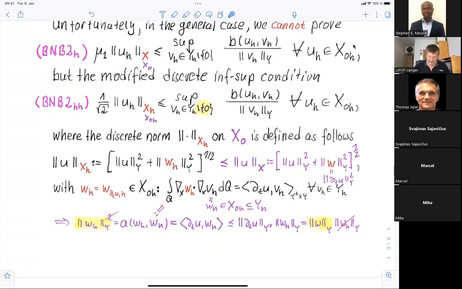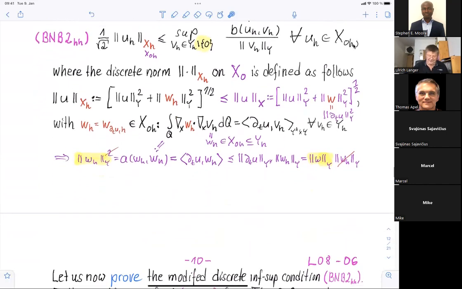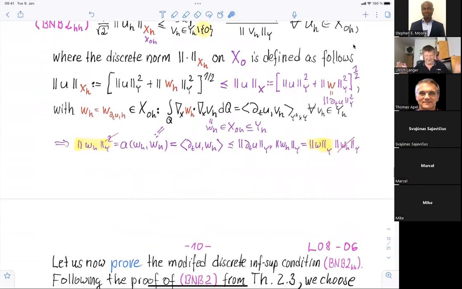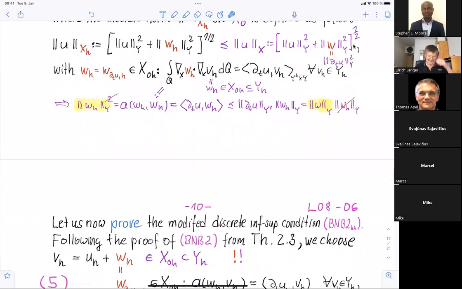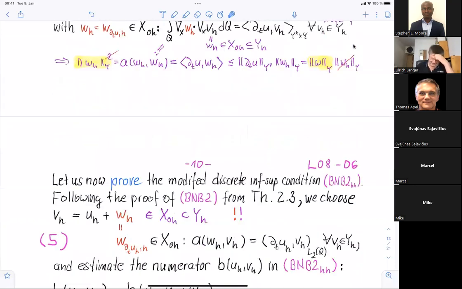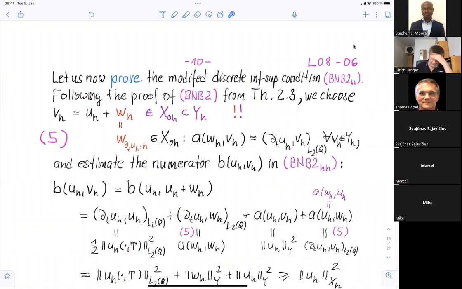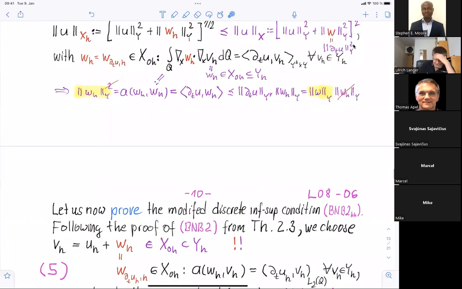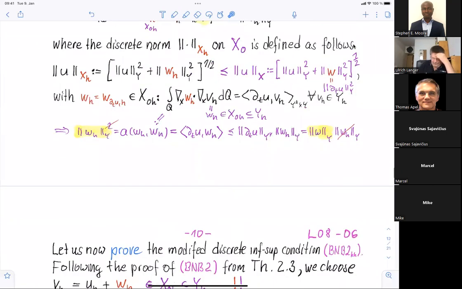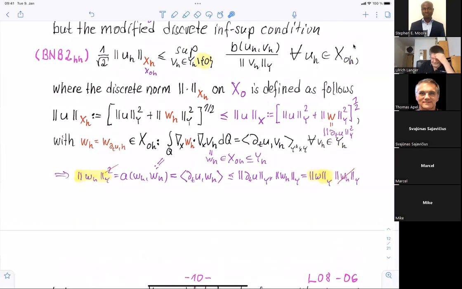So fine. Let's now prove the modified discrete inf-sup condition. You can do the same for the infinite dimensional inf-sup condition. So what you have to do for some u, you have to find a v, and then you have an estimate from below. So for every fixed u, we have to find a v.